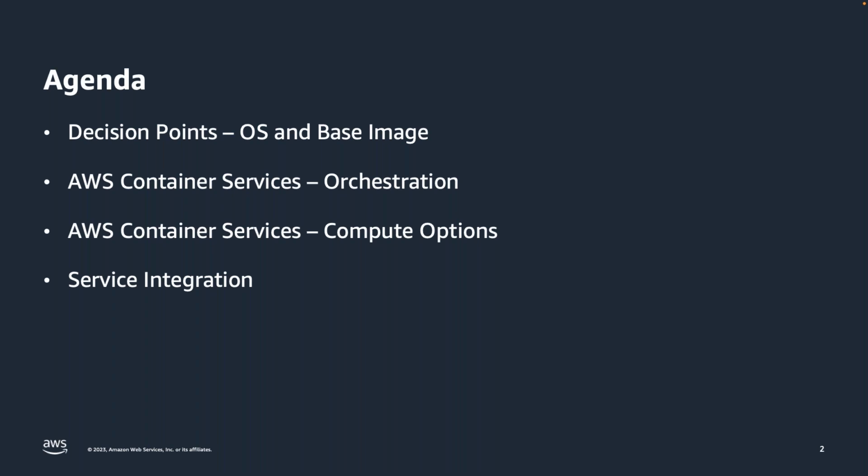We are going to review different compute options as well as orchestration engines available on the AWS platform. And then we're going to finish up with talking about challenges when containerizing .NET applications, some of the common patterns or issues that we have seen in the field, and what is AWS prescriptive guidance around those topics.